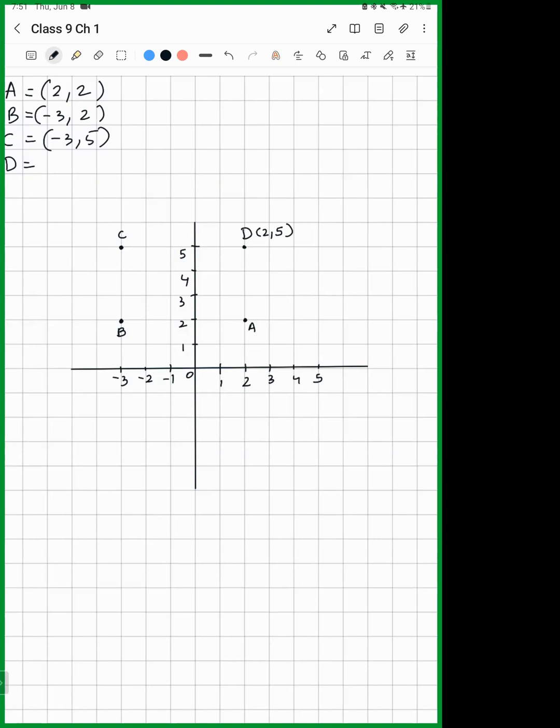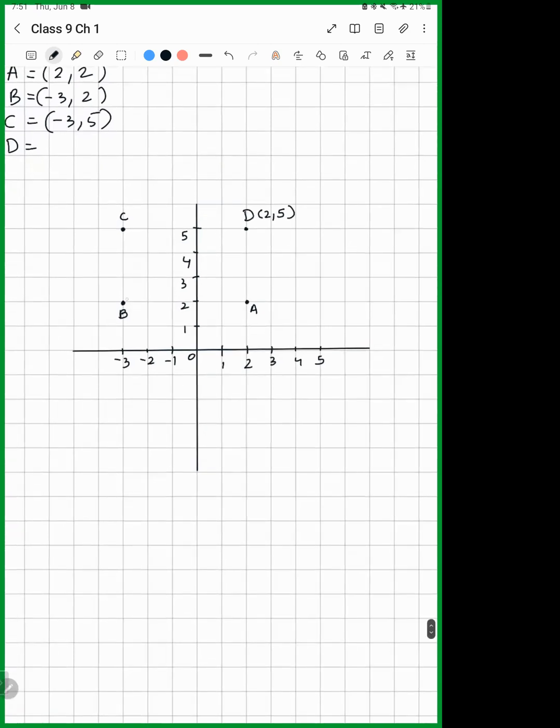Ma'am, also, how do you find the area by this? Area of the rectangle? Yes, ma'am. See, with this graph, look at this rectangle and tell me what is the length of this rectangle? Not the breadth, the length.